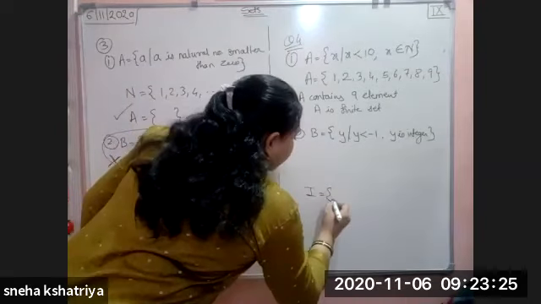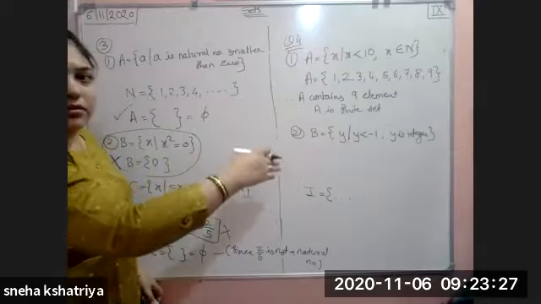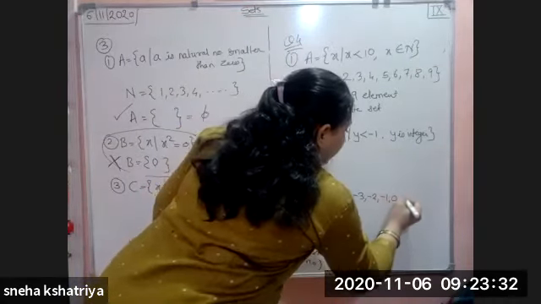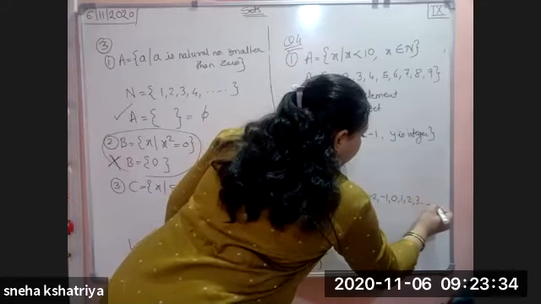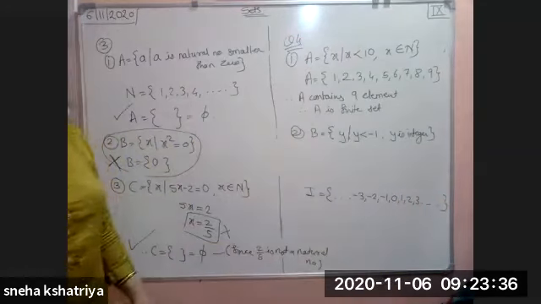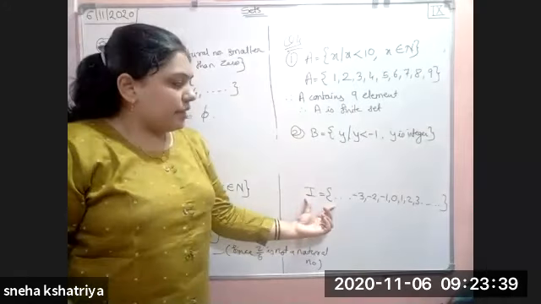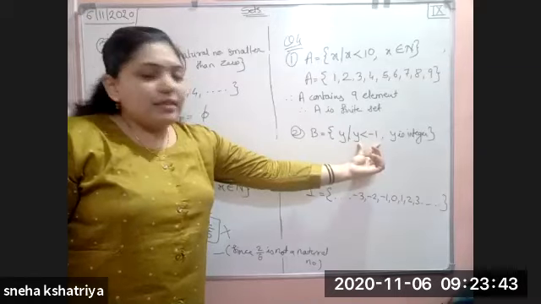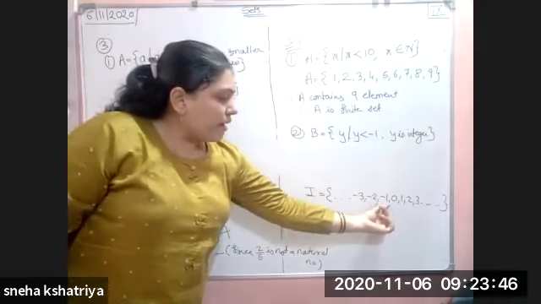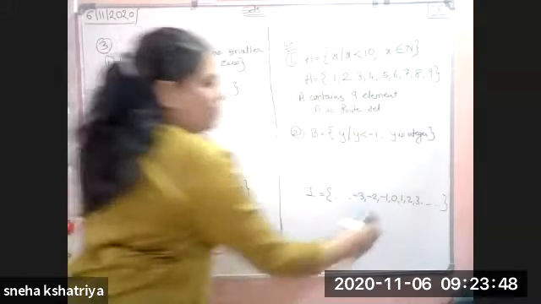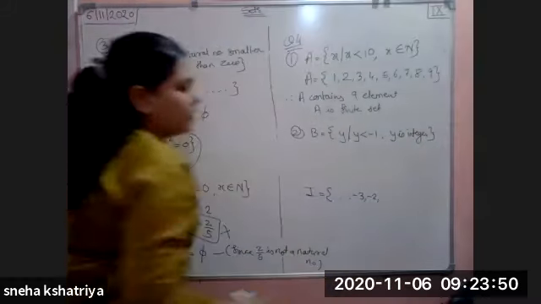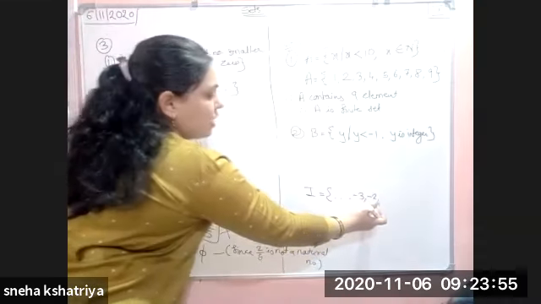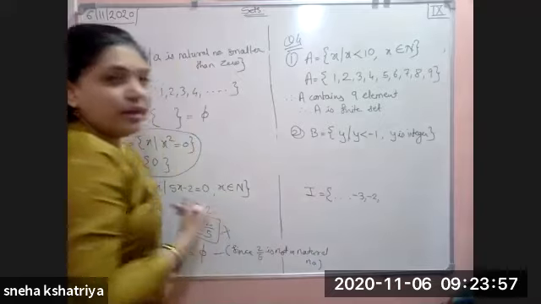I will write here: it starts with dot dot dot, then -3, -2, -1, 0, 1, 2, 3 and again dot dot dot. This is the integer set. Here the condition is given that y is less than -1, so numbers smaller than -1. I have to think about only this part. So it starts from -2, -3, -4 and so on.